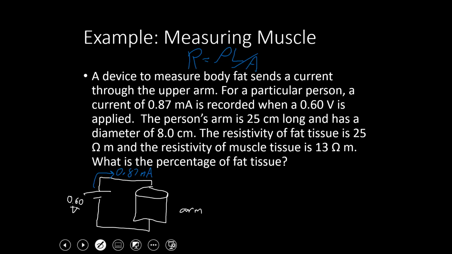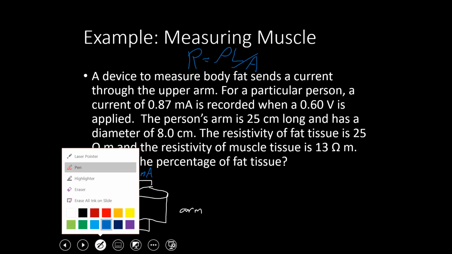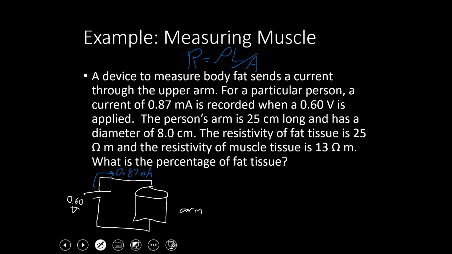In this picture of the arm, when current goes to the arm, it has a choice to make, or rather it's going to be split up. Some of the current is going to go through the fat, and some is going to go through the muscle. I'm going to draw it like a pie graph.